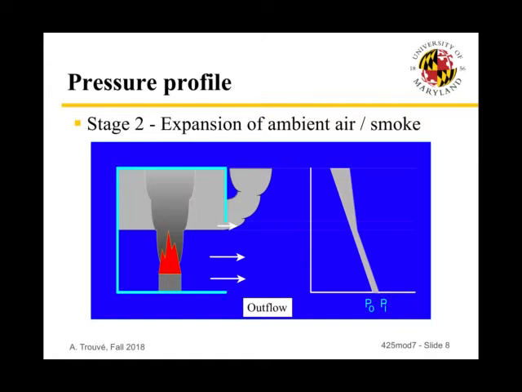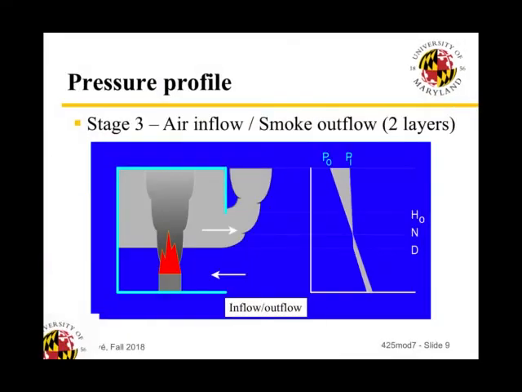So stage 1 and stage 2 are basically two early transient stages in the development of the fire. Then we move on to stage 3, and stage 3 could correspond to a steady state, to a state that is maintained for a long time.